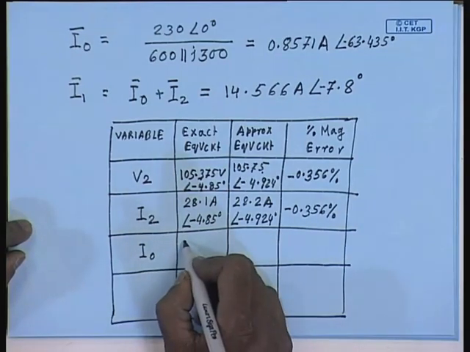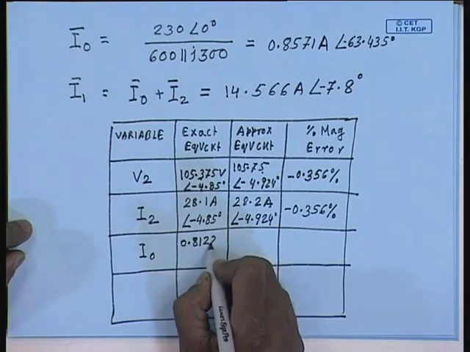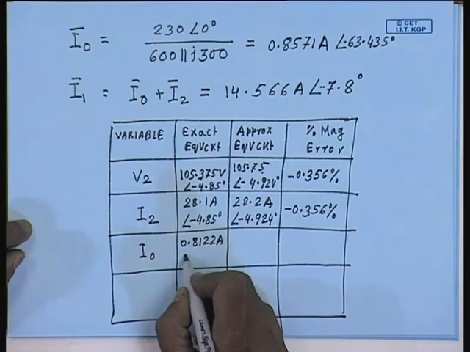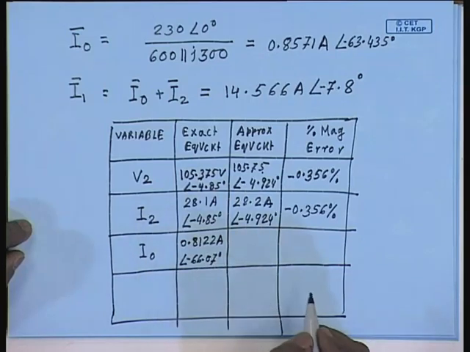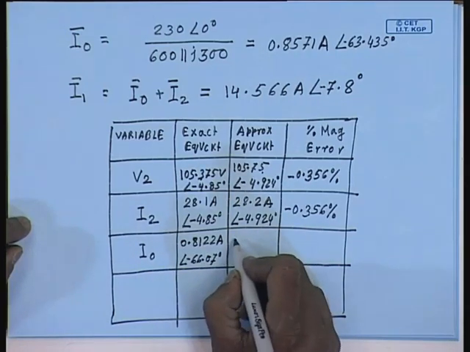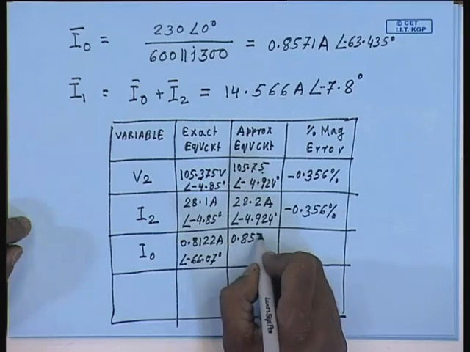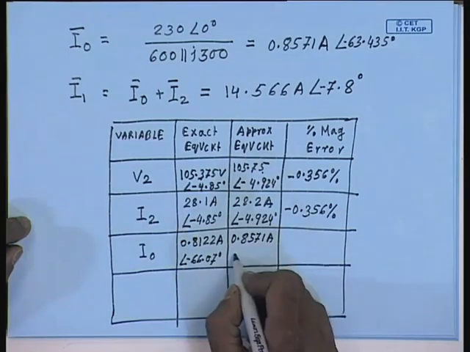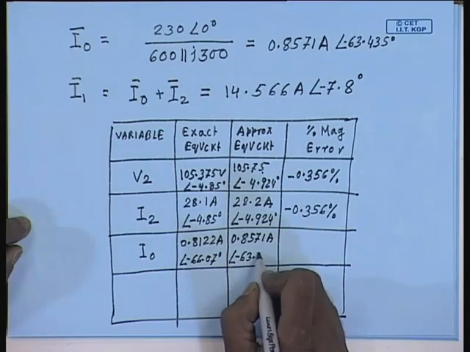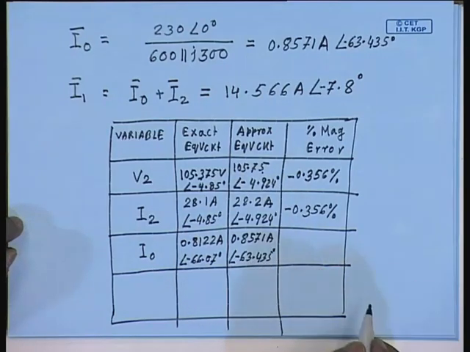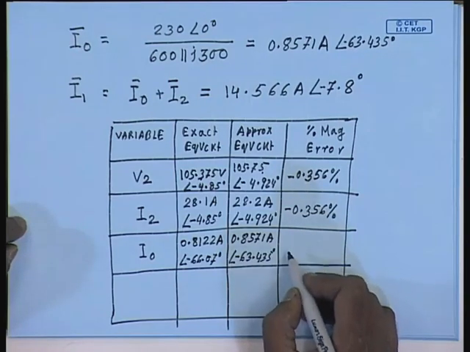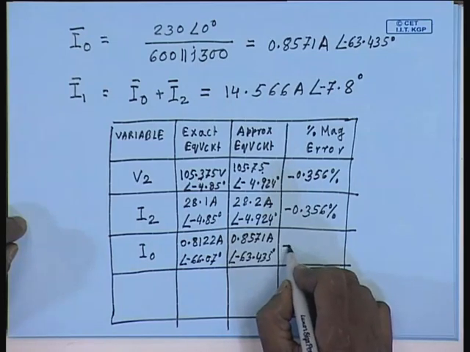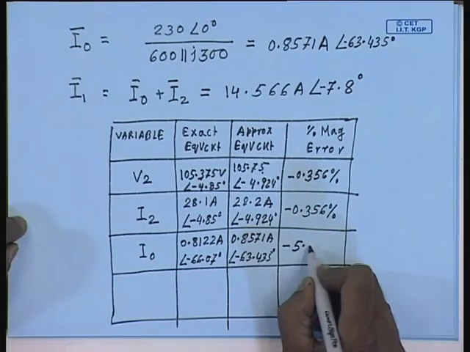The magnitude by exact equivalent circuit came to be 0.8122 ampere at an angle of minus 66.07 degrees. By approximate equivalent circuit it came to 0.8571 amperes at an angle of minus 63.435 degrees. The percentage error here comes to be minus 5.53%.